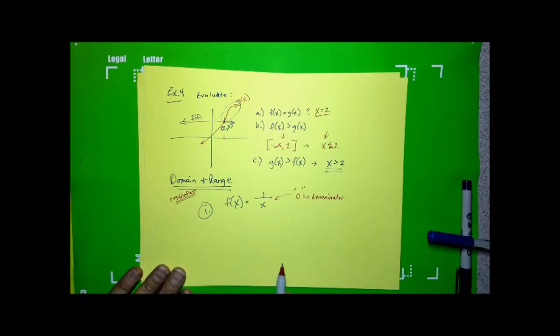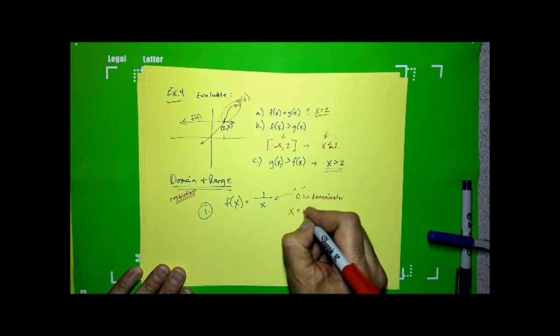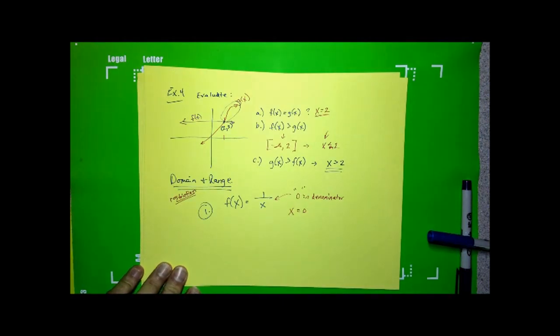The problem with this is that if x is equal to 0, then it will not produce a real output because 1 over 0 is undefined. So anytime we are dealing in functions, we have to avoid scenarios that will make the function undefined.